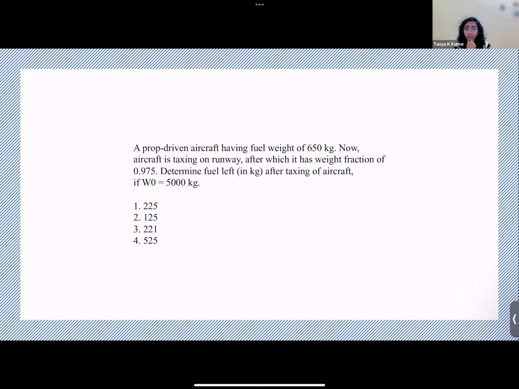Okay, Satvik says option D. Can you explain how you got there? Can you explain, Satvik? Okay, if you have any doubts, you can ask here directly.